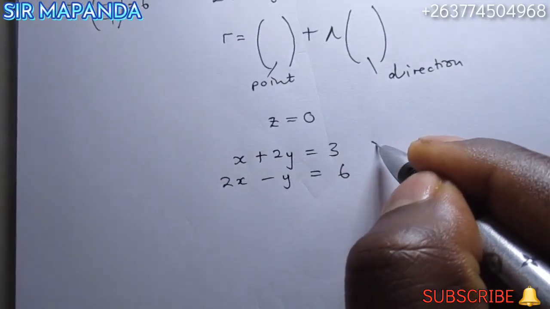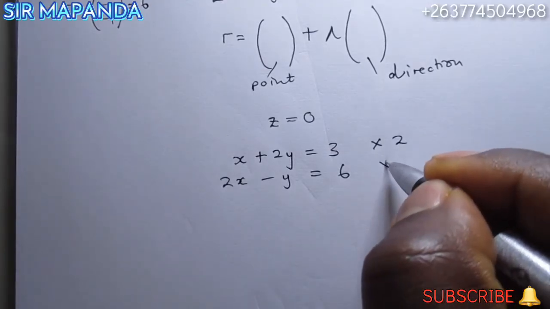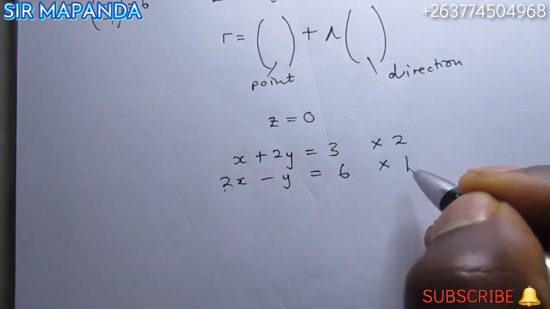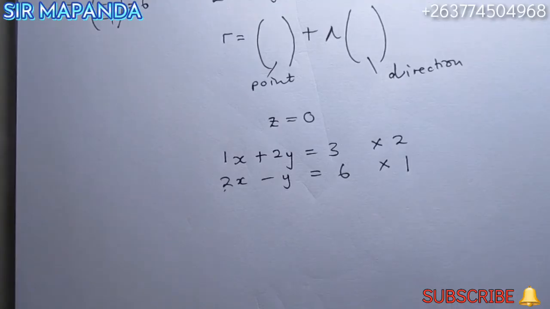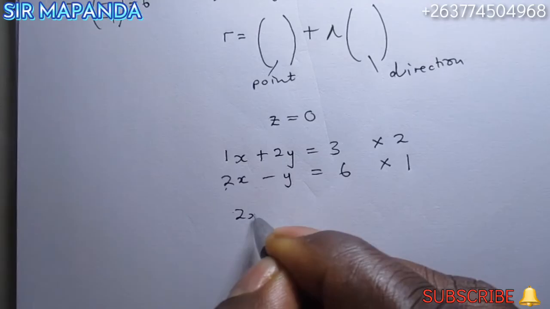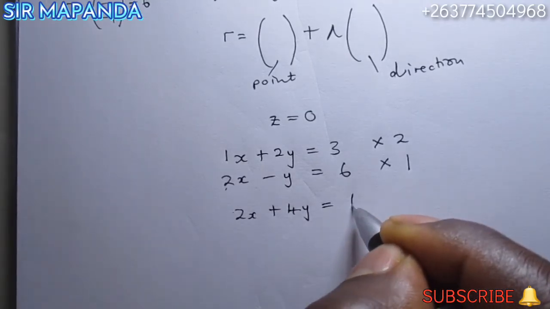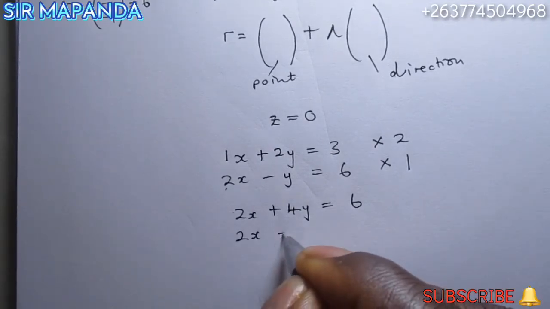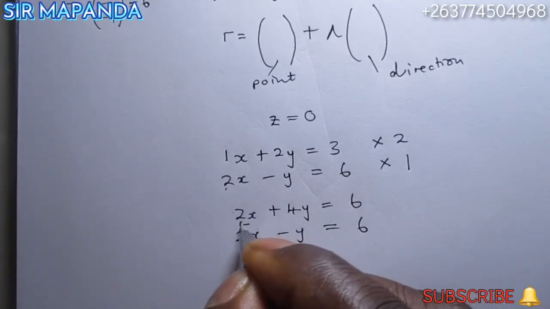We can make use of the elimination method, multiply the top equation by 2, which is the coefficient of x in equation 2. Then multiply the bottom equation by 1, which is the coefficient of x in equation 1. So you have 2x plus 4y equals 6, right? Then here you have 2x minus y equals 6.